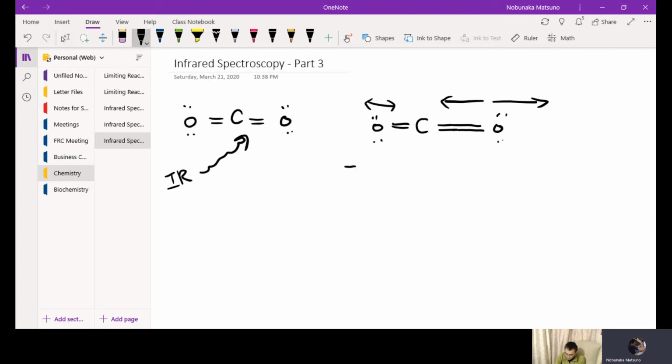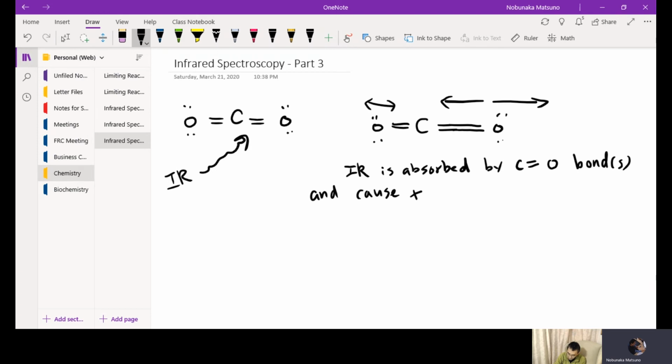Like I said, IR infrared light is absorbed by, in this case, the carbonyl, the carbon oxygen bond, and bonds, depending on how many you have, vibrate.